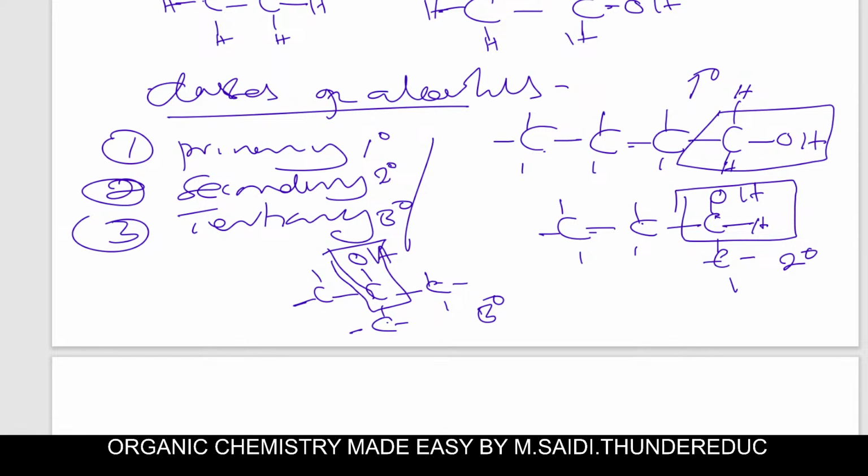It is a secondary alcohol because the carbon atom with the functional group is attached to two carbon atoms, or two other alkyl groups. It is tertiary because the carbon atom with the functional group is attached to three other carbon atoms. Am I clear? I hope you're trying to understand what I'm saying.